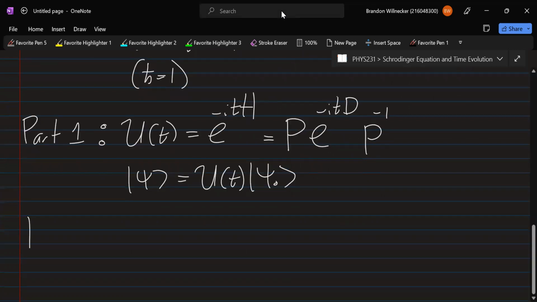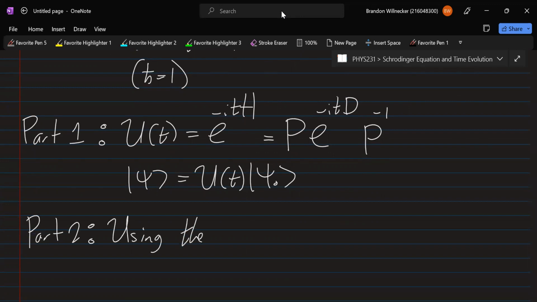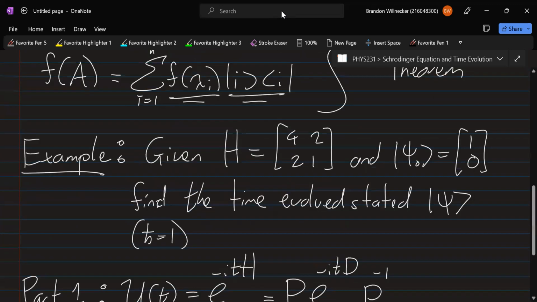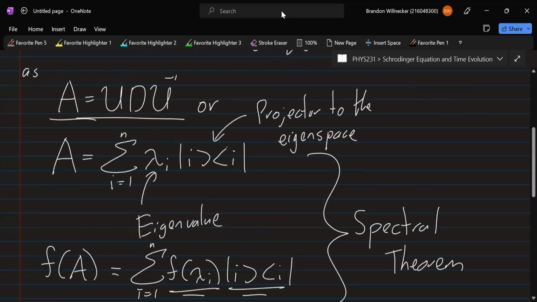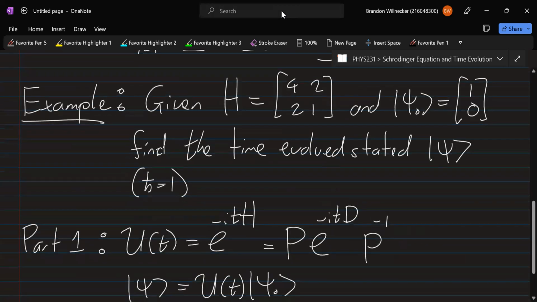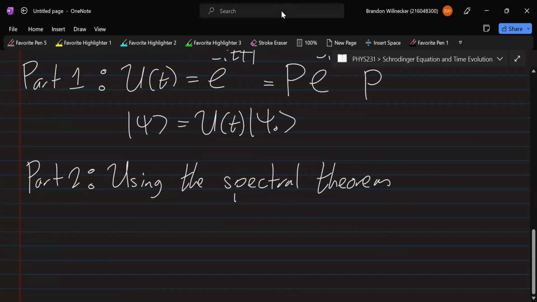Okay, so let's look at part 2, using the spectral theorem. To use the spectral theorem, we need to first find the eigenvalues and eigenvectors. That's pretty much the same as using part 1 to find the P inverse.